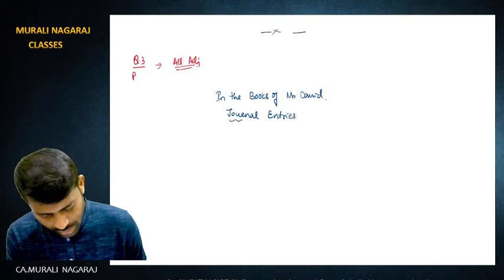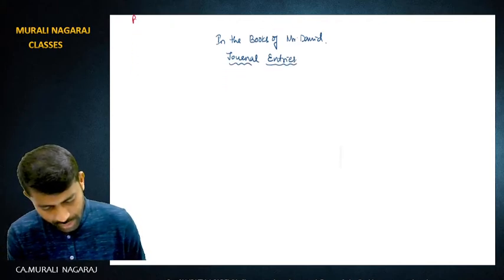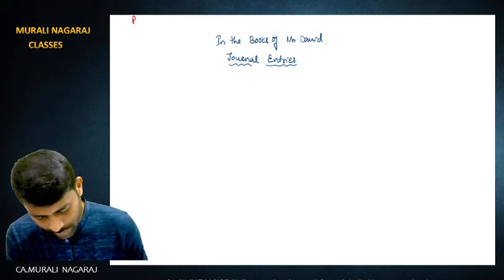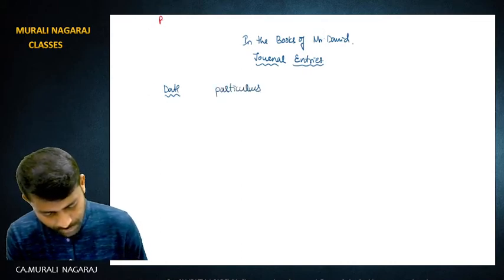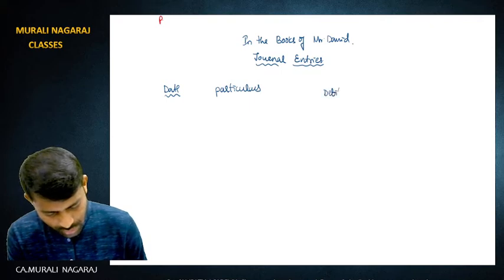In the books of Mr. David, journal entries. So first is date, particulars, debit, credit.